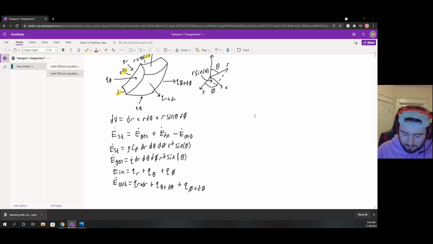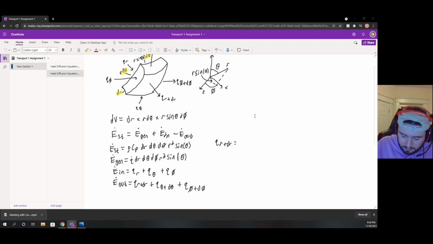All right, now that we have broken every term down, we can define our heat going in and our heat going out values, our Q values. So we're going to start with the heat going out, actually. So our Q_(r+dr), so that's the heat flow plus the distance it traveled, is equal to, once again, a Taylor series.